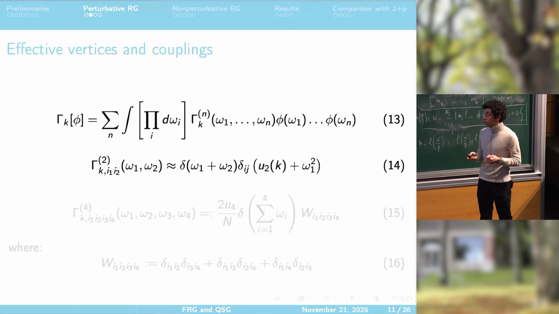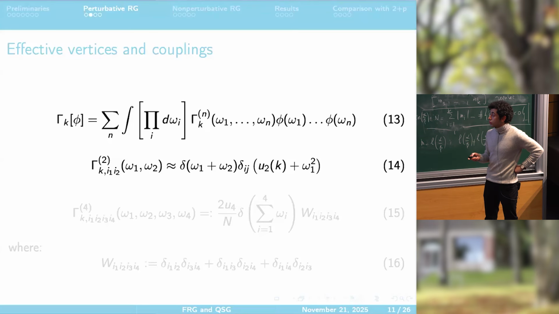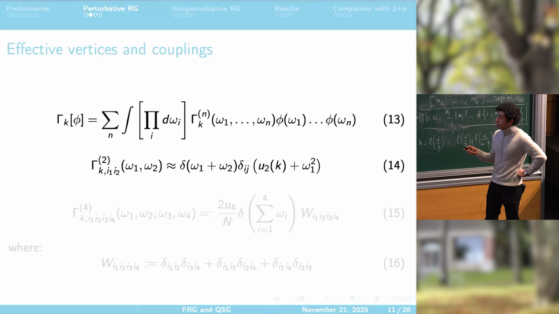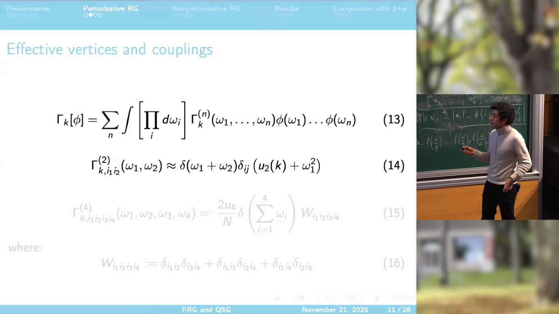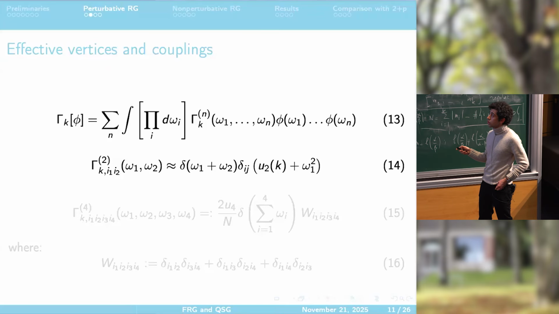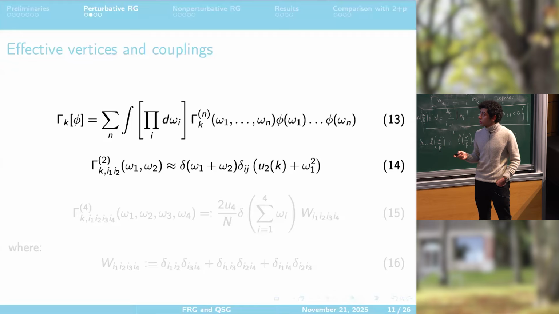So the 2-point vertex, the effective vertex from this theory, we write it as a completely local symmetric term. So we have a momentum conservation factor, and then there is the O(N) symmetric matrix here, and then we have the effective mass plus the momentum squared.